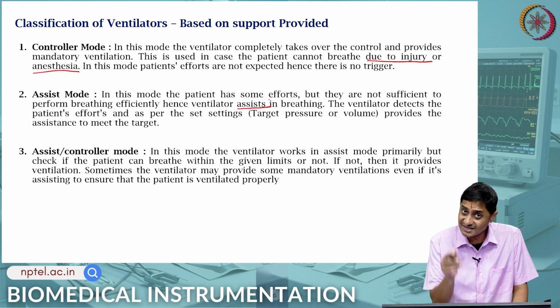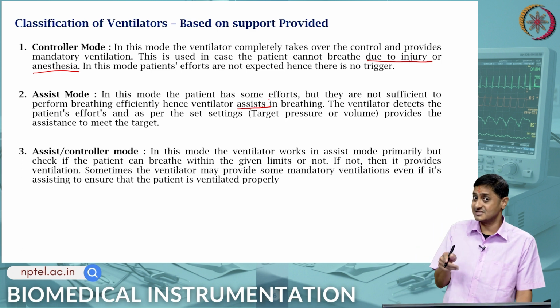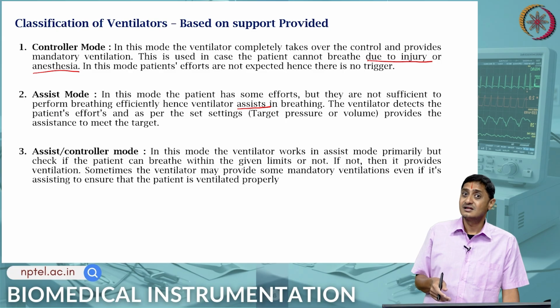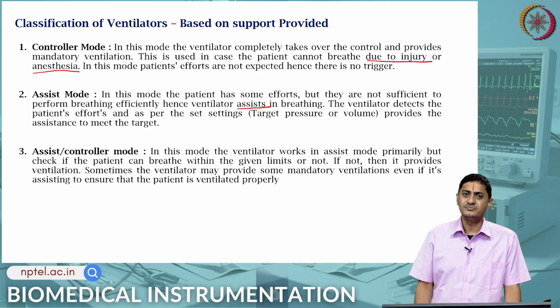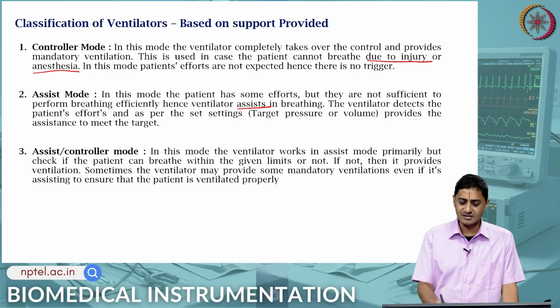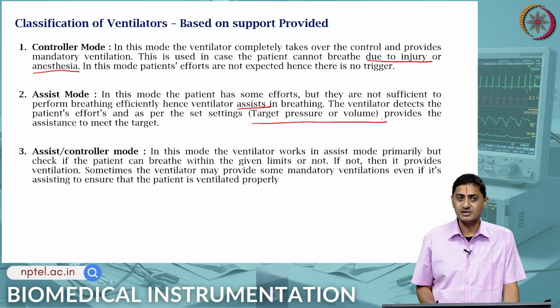It is not the patient who is assisting, rather the ventilator is assisting the patient. The ventilator detects the patient's efforts. There is a way to detect this as per the set, and depending on the target pressure or volume, it provides the appropriate assistance that is needed.